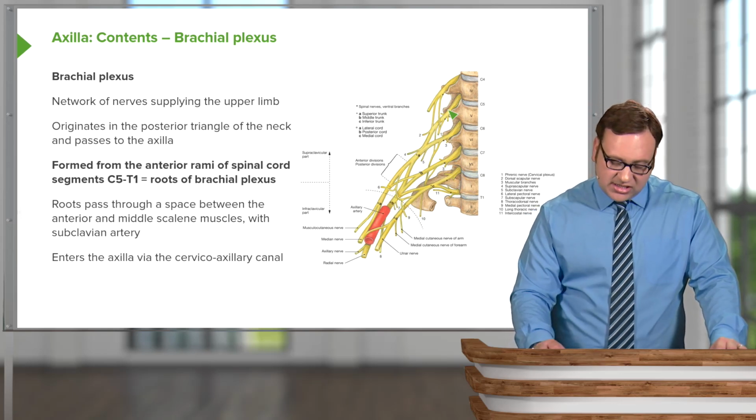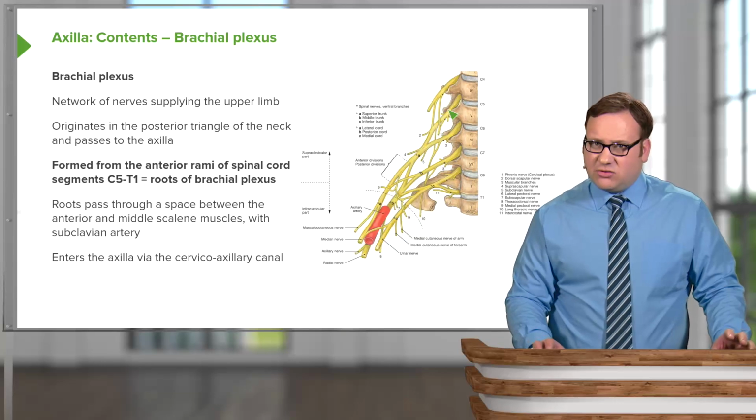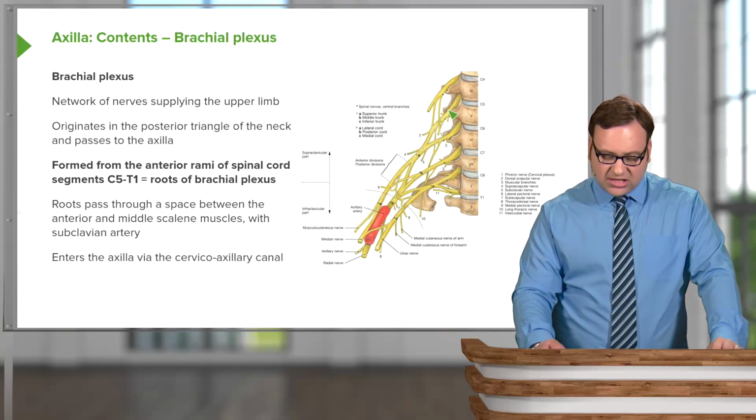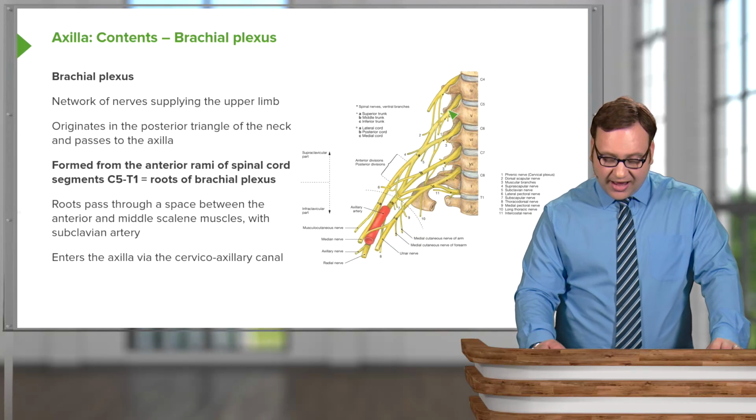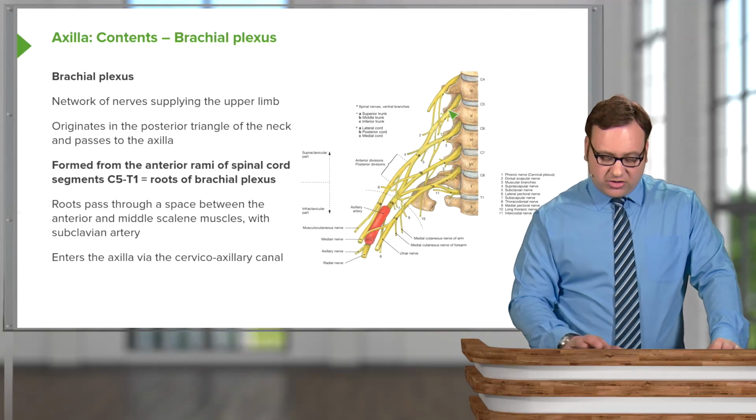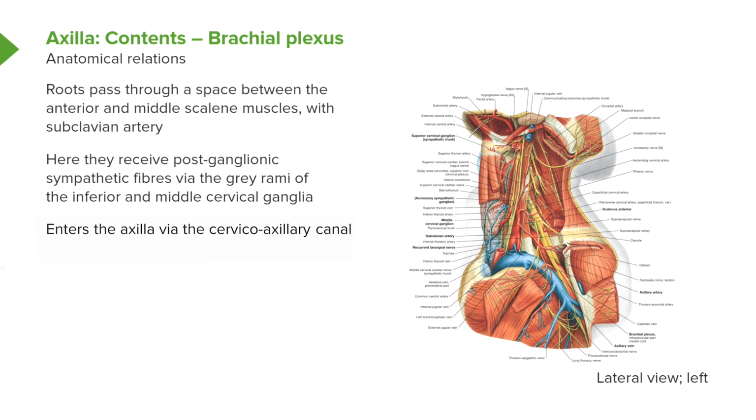It enters the axilla, like everything enters the axilla, through the cervico-axillary canal alongside the subclavian artery. So here we can see some anatomical relations of the brachial plexus. And this diagram, again, is relatively complicated. It is a lateral view on the left-hand side. So this is anterior down here, and this is posterior here.